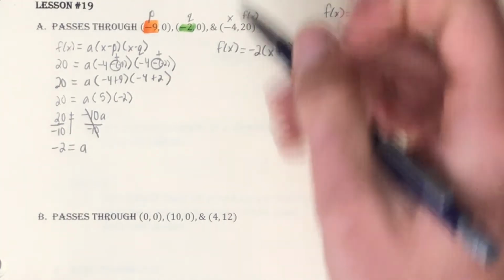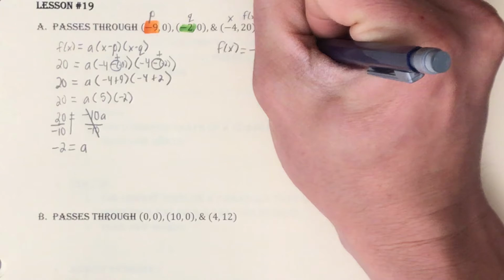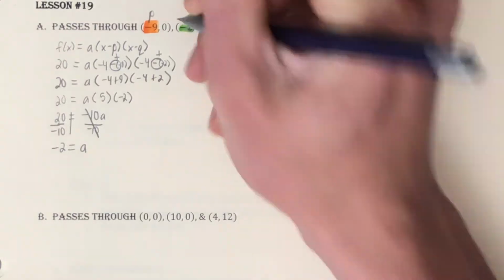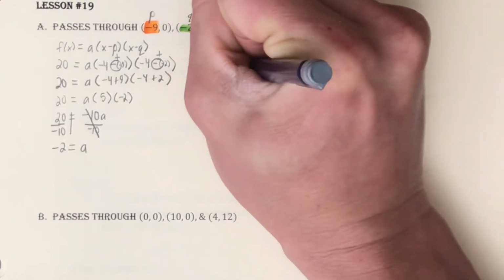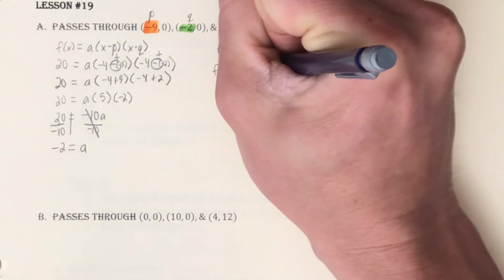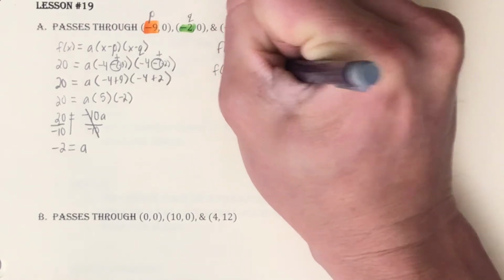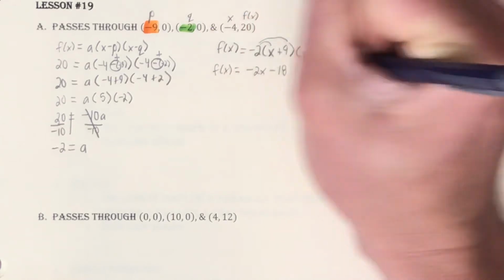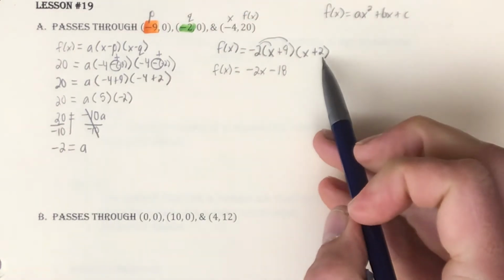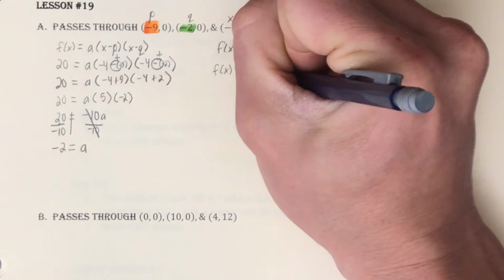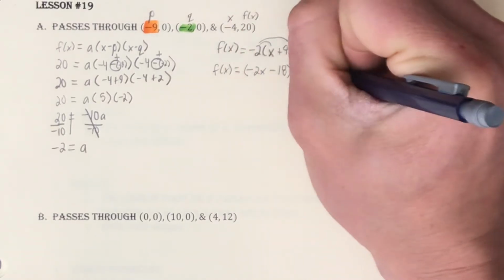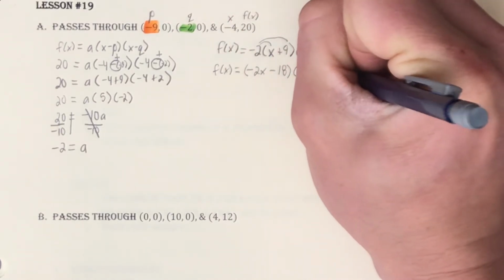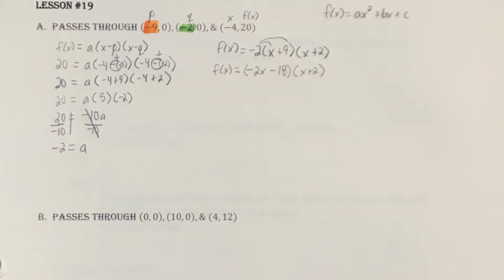So first thing I'm going to do is distribute my negative 2 times everything inside the first parenthesis. So I've got f of x equals negative 2 times x is negative 2x, and negative 2 times positive 9 is negative 18. Now, because I've got this secondary parenthesis right here, I'm going to go ahead and put that in parentheses, and then x plus 2 comes down as is.